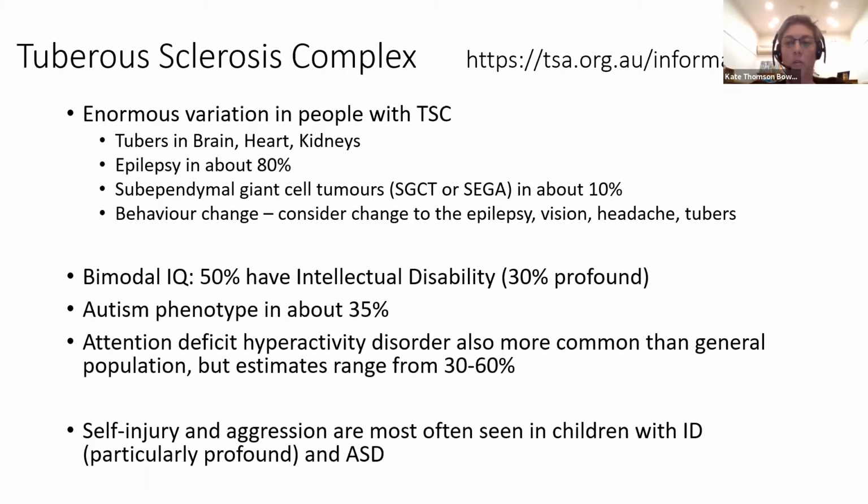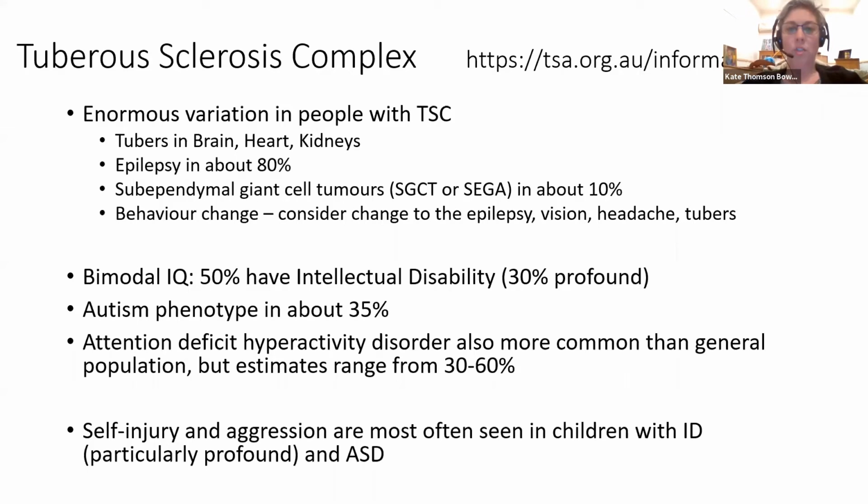Of those, about a third have really severe intellectual disability with the associated communication impairments, often restrictive, repetitive play, and some of the more specific behaviour phenotypes. Autism overlaps in about a third. And as with a lot of other neurodevelopmental differences, ADHD is a really common association with TSC.